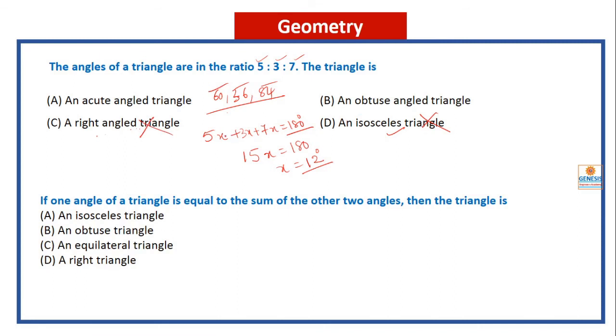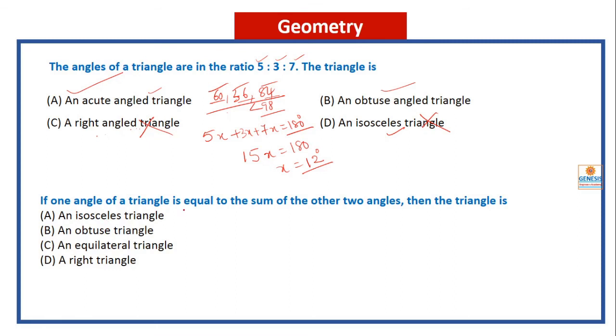So this is also wrong. So we are left with two options: one is acute angle triangle and the other is obtuse angle triangle. Since all the angles are less than 90, option A is right. So this is the explanation for this.